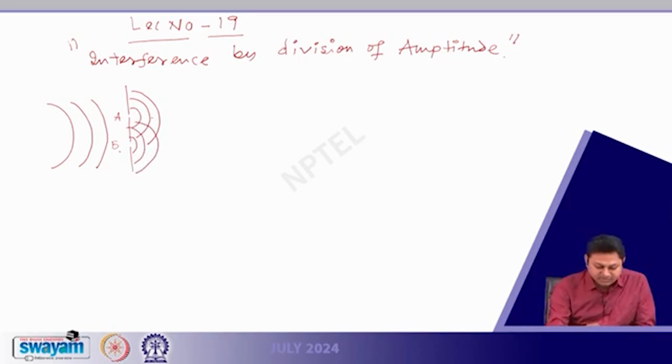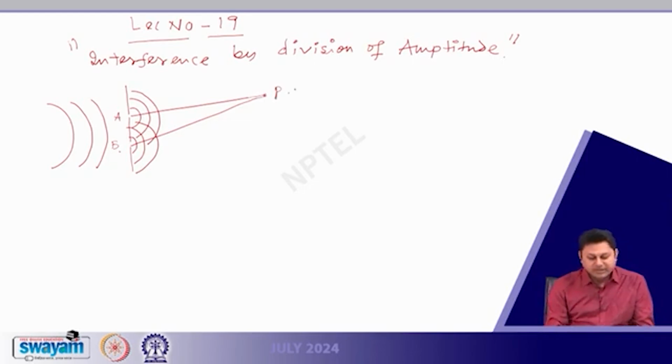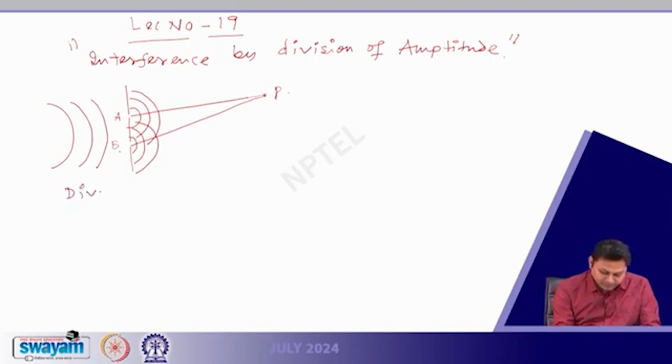And throughout the process, they interfere at some point on the screen, say P. So, here we have the division of wavefront, because wavefronts are divided.